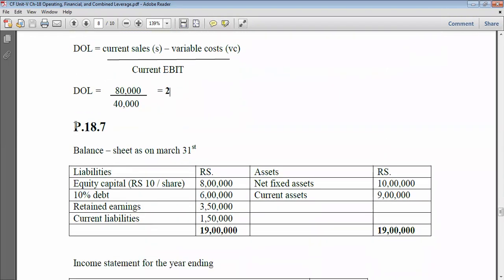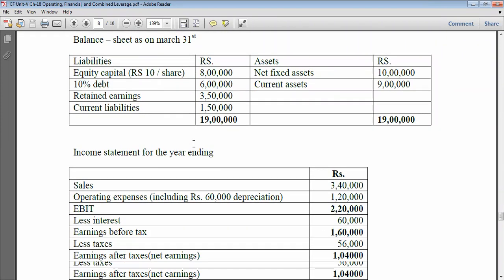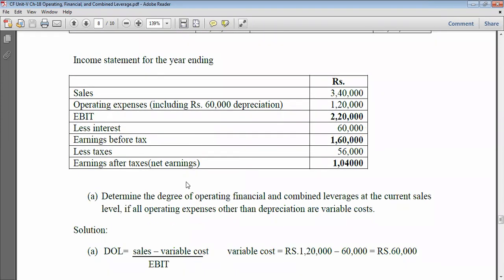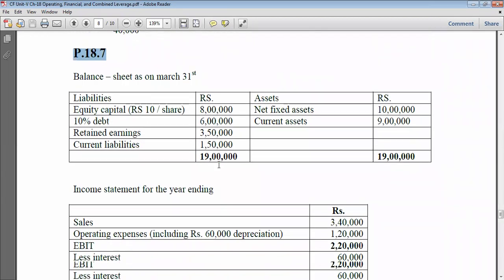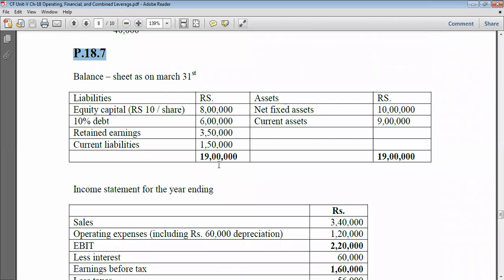Now let us go ahead with the calculation of all 3 types of leverages: degree of operating leverage, degree of financial leverage, and degree of combined leverage. In this problem they have given the balance sheet as well as the income statement.